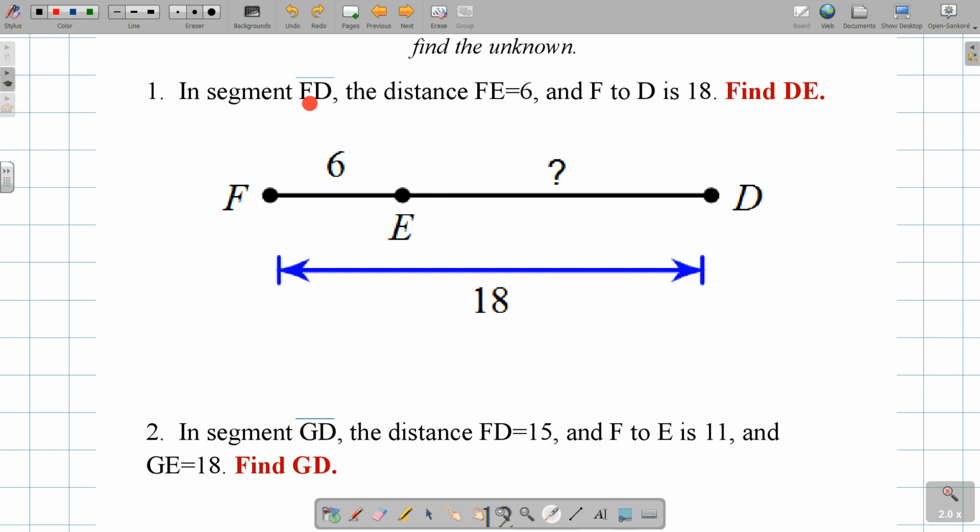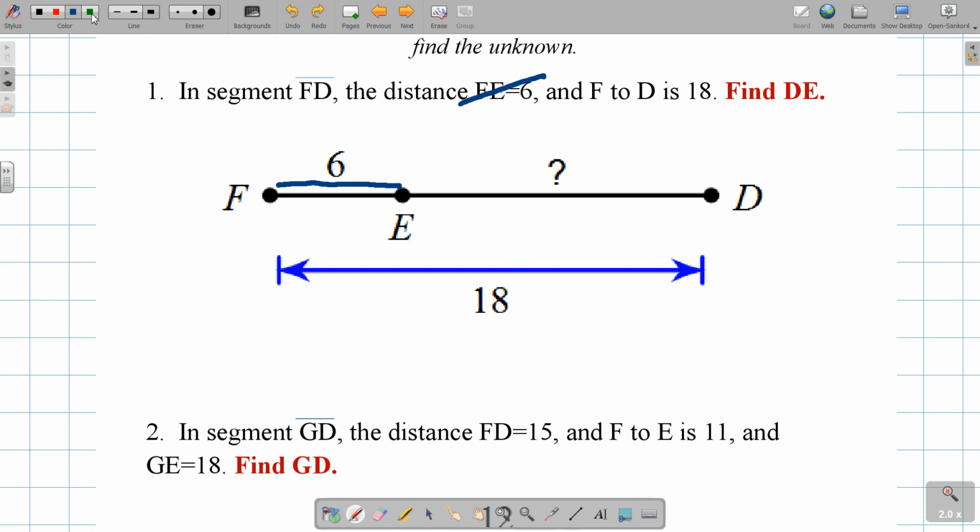Ready? Okay. It said the distance F to E is 6, so we're going to physically trace F to E, and that's 6. I've accounted for that. F to D is 18, so F all the way to D, physically trace it, is 18.